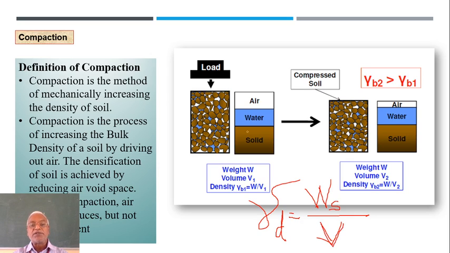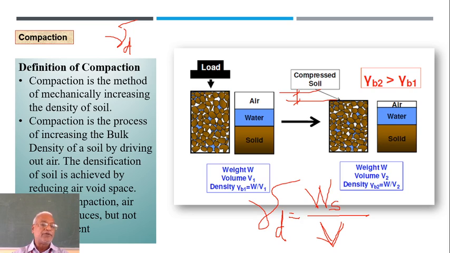Now in this case the weight of the solid particles is remaining the same here and here, but the volume taken, which was this much, has now decreased by some amount. If you observe here, so much of volume has decreased. So the volume is automatically decreased, but the weight of solids remains the same in the numerator. Obviously gamma D increases. So in compaction we make use of gamma D for comparison rather than gamma B. Here it is given as gamma B, but ultimately we compare gamma D.